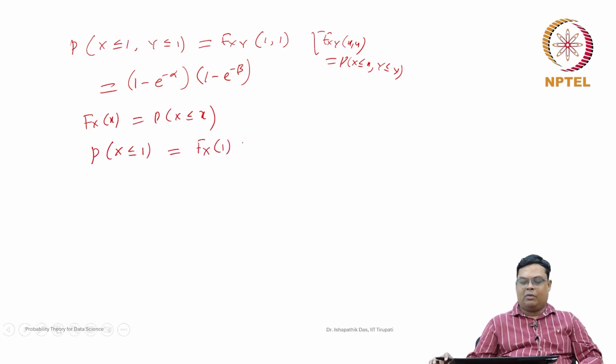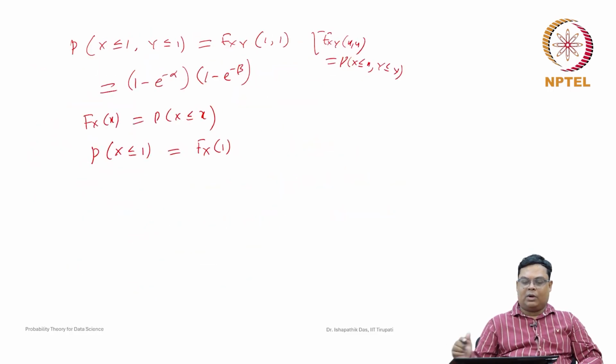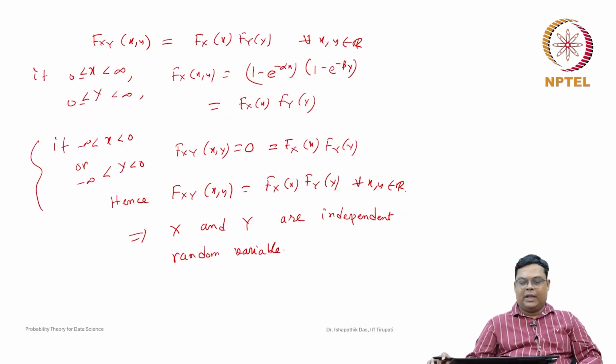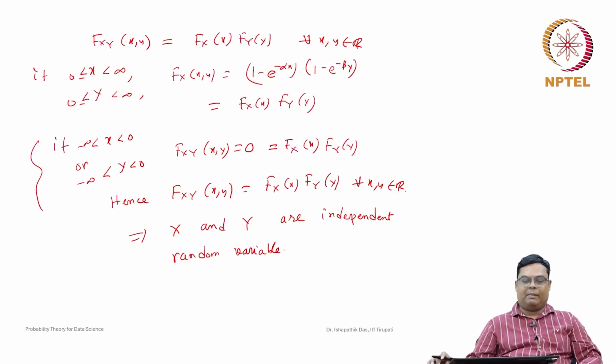We have already found the cumulative distribution function of X: for x greater than 0, it is 1 minus e to the power of minus alpha x. So, F_X(1) is equal to 1 minus e to the power of minus alpha.